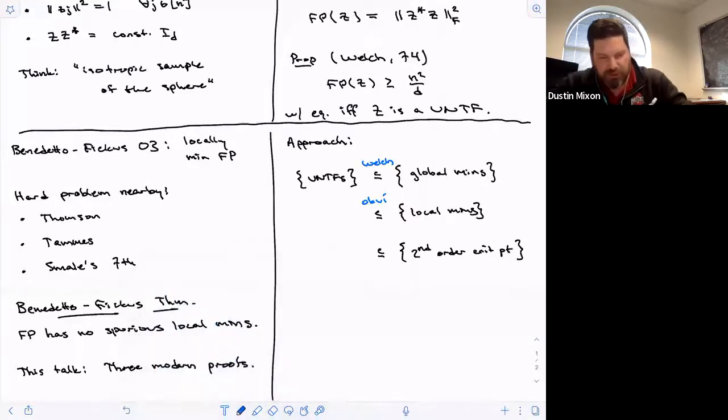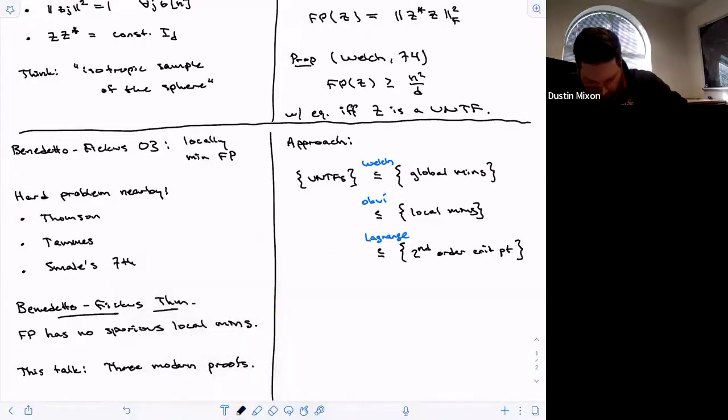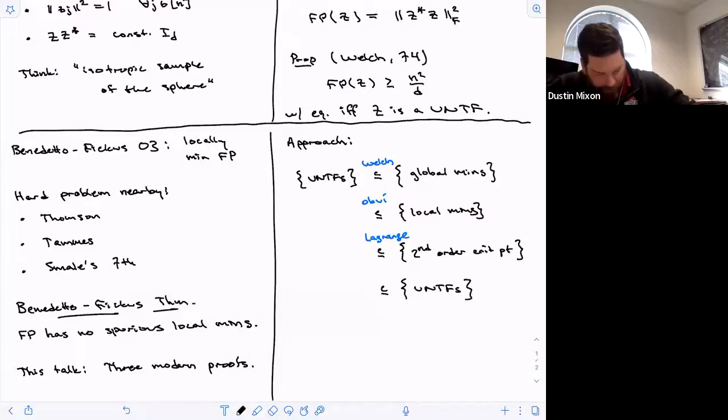If you have equality constraints, then you have to do a Lagrange multiplier version of that. So we'll call this Lagrange. And then finally, if you're a second order critical point, it turns out that you're a unit norm tight frame. And this is the work to be done.